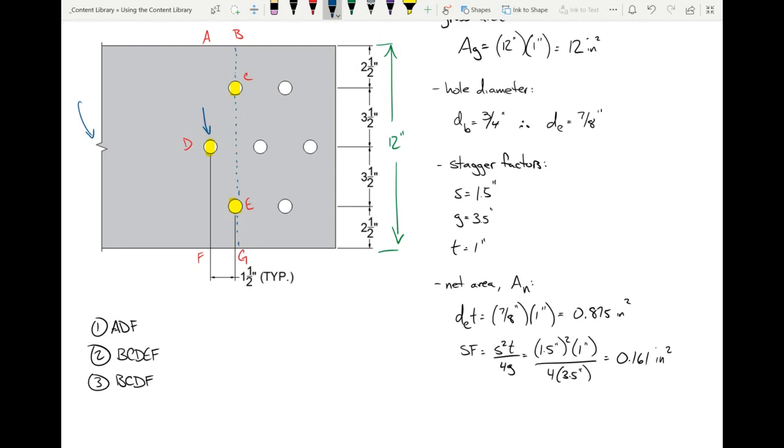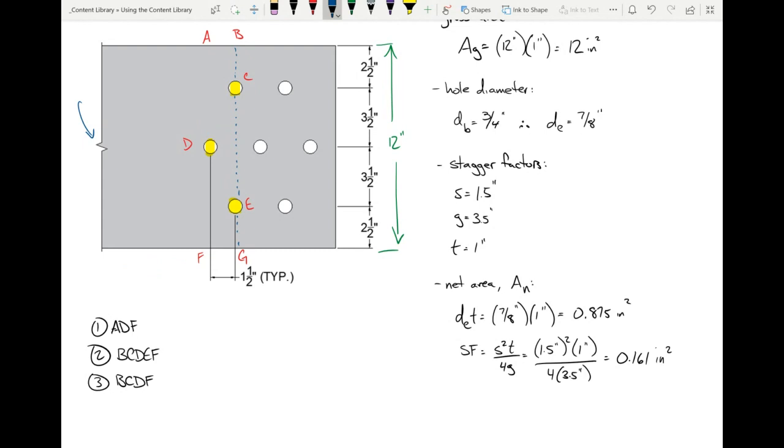If you were to separate that member and the member would fail, not only would you have to shear through BCEG, but you'd have to shear that front bolt in half. Because if the member separates and this part of the member goes off, then that front bolt has to shear as well. So we're not going to consider connections where the front bolt shears.